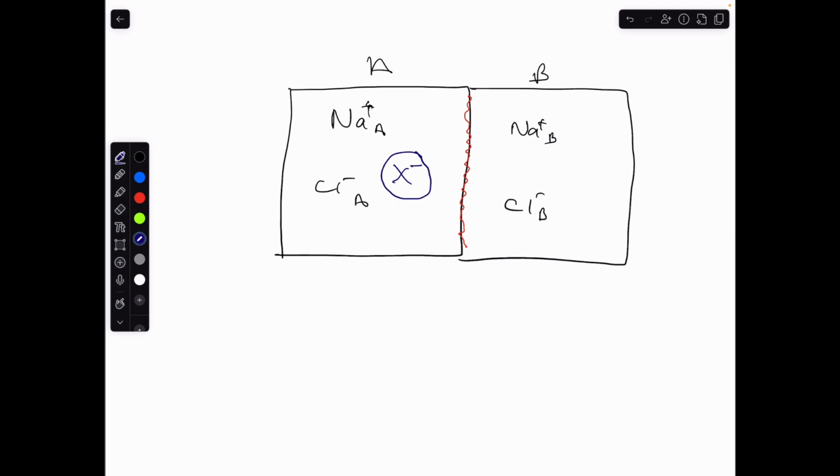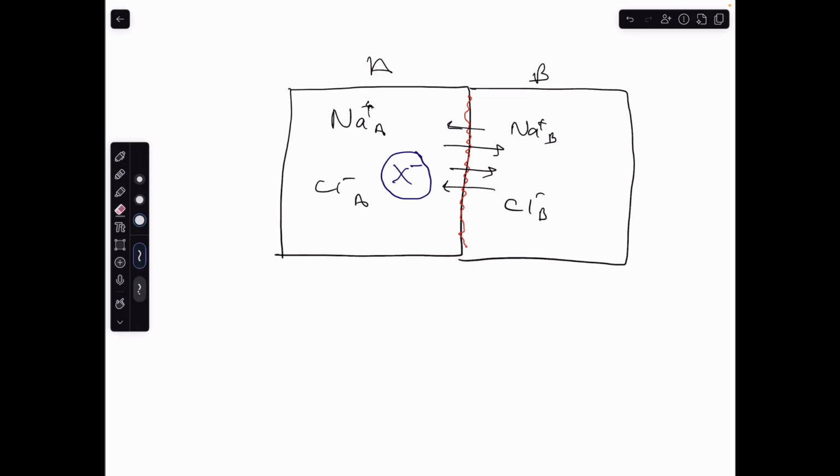So I have added an extra molecule X, an anion, in compartment A. The X molecule has a negative charge, same as the chloride. Now what will happen? Again there will be redistribution of ions: some sodium will go here, some sodium will come here, and chloride will move across as well, in order to make solutions A and B electrically neutral according to the Gibbs-Donnan equilibrium.